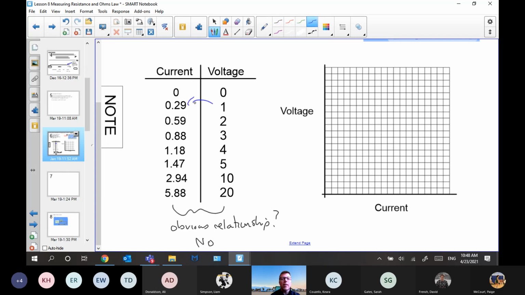So you're noticing it was like times 0.29. Did that work? Times 0.29 or so, is that right? So 2 times the 0.29, 3 times the 0.29, and 10 times the 0.29, it's roughly that, right?